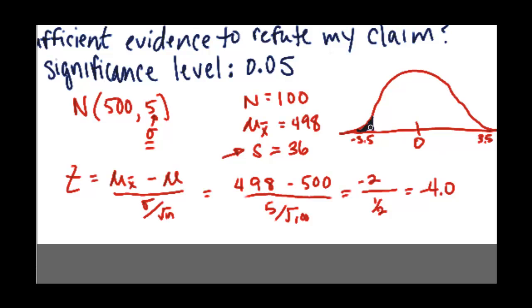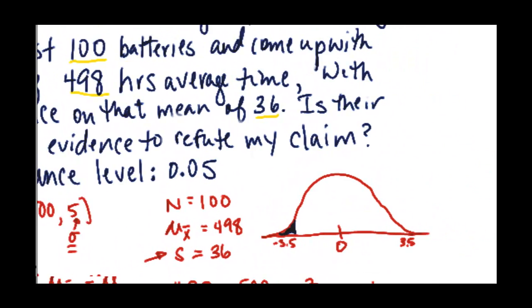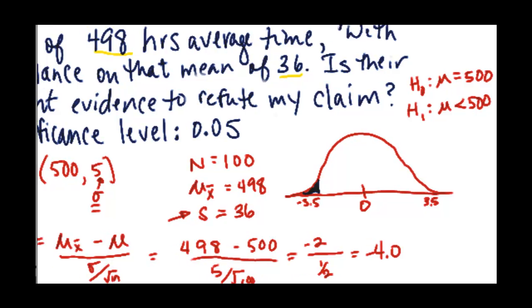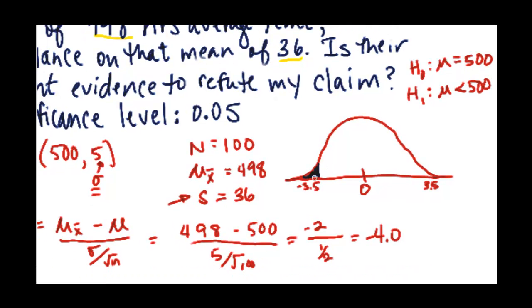Why is it the bottom half? Oh, I never stated my hypotheses, did I? So let's do that real quick. My null hypothesis was mu equals 500. And then my research hypothesis is that mu is less than 500, right? Because that's what Energizer and Duracell are claiming. And then they tested it, and they found that I was indeed way over here in negative 4, which is at the very tail end.